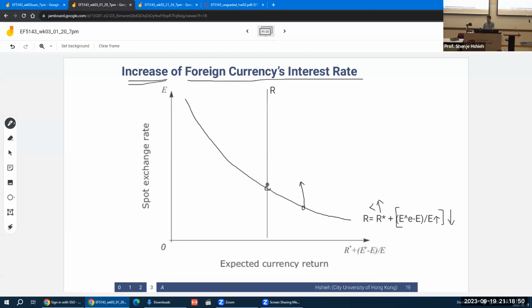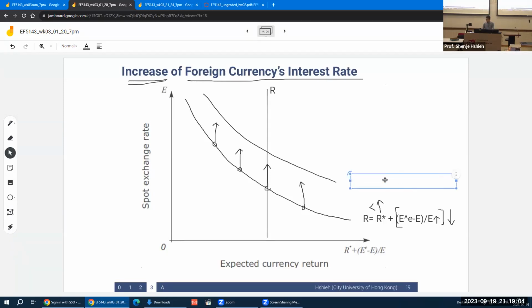Doesn't matter where I start, the entire UIP curve must therefore shift upwards. So this new curve, I will denote as R equals R star prime as a new equilibrium, like that. Okay.